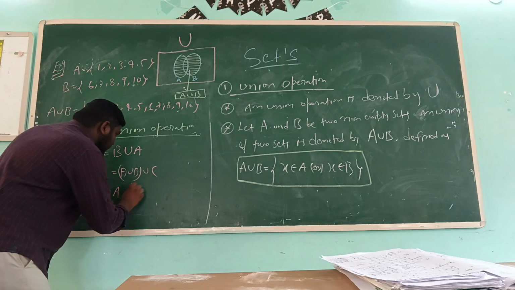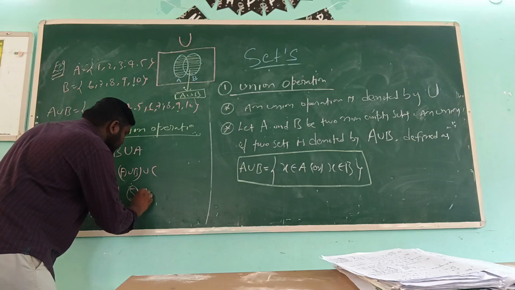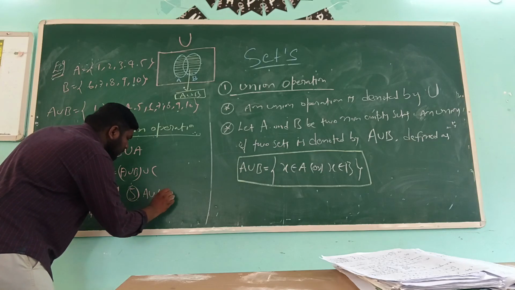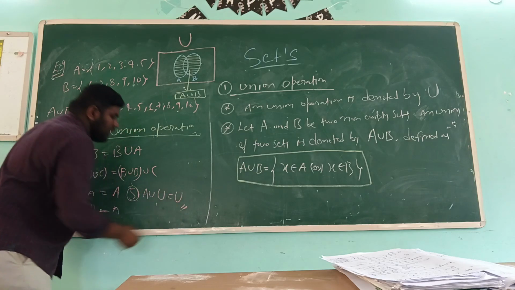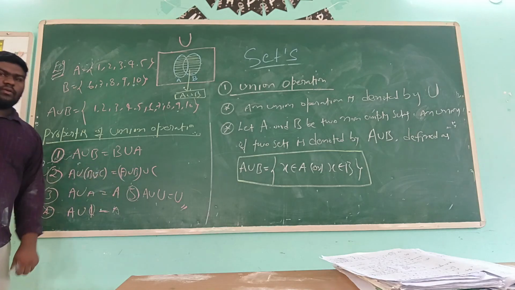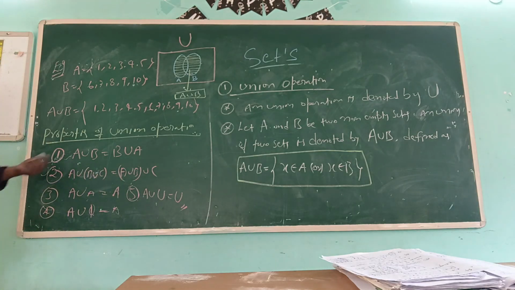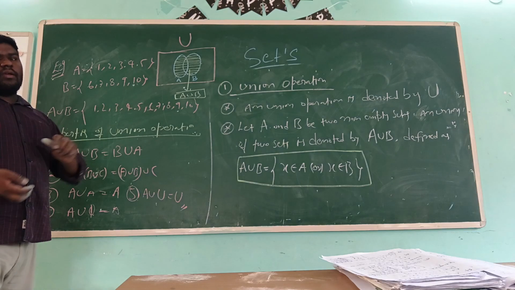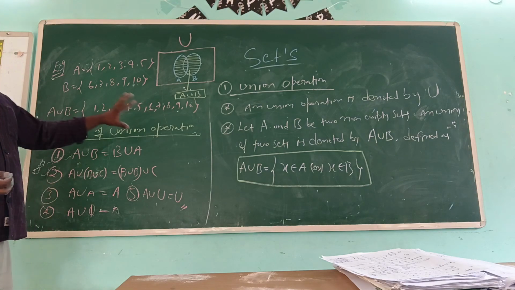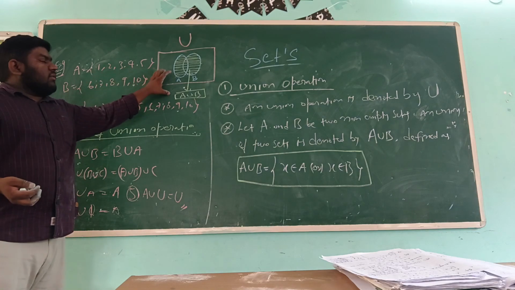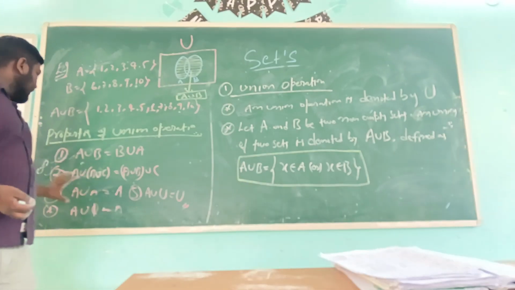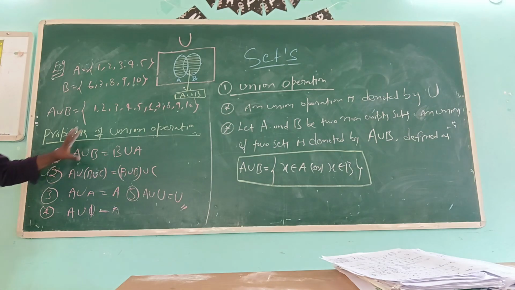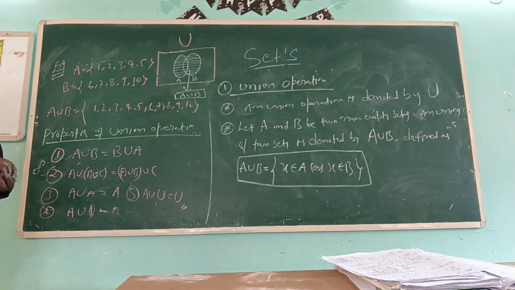Fifth, law of universe, A union U equals U only. These are all the properties of the union operator. This is called the union of two sets, with the example, Venn diagram, and properties. This is all about the union operator.